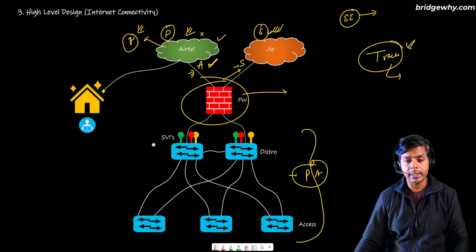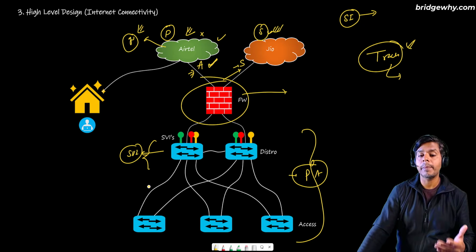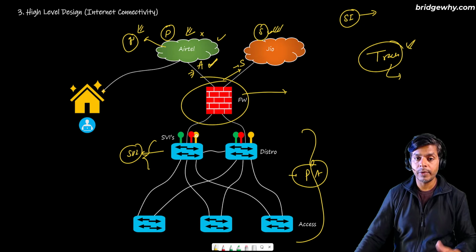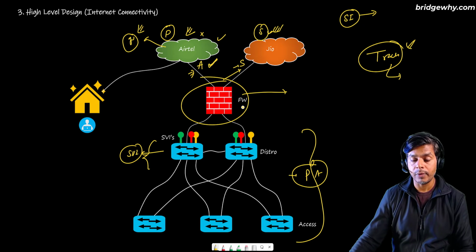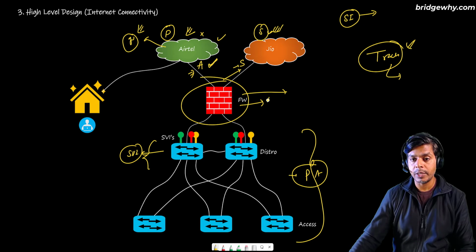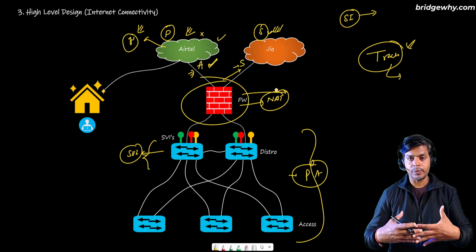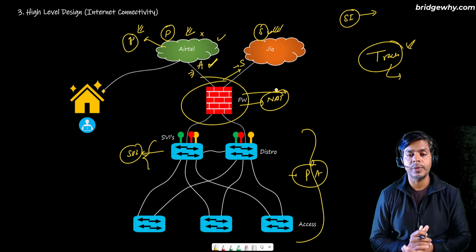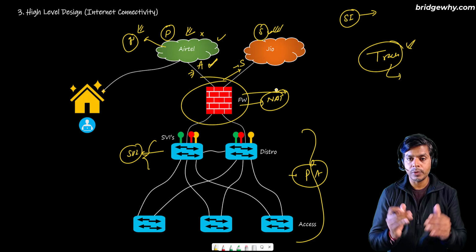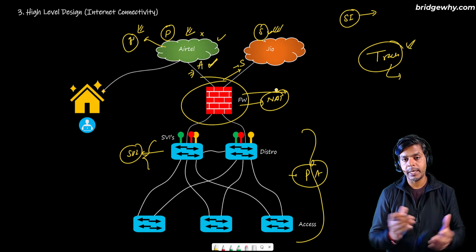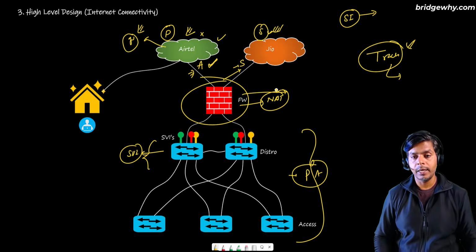And mostly the layer 3 switches, where we have created SVIs, are incapable of doing that. Either we have to put a router or a firewall. A firewall is capable of doing that, and we will be doing network address translation here. It means that when our private network goes out and reaches the internet, their source address is going to be changed to a public address, right? First thing first, this firewall is doing that.